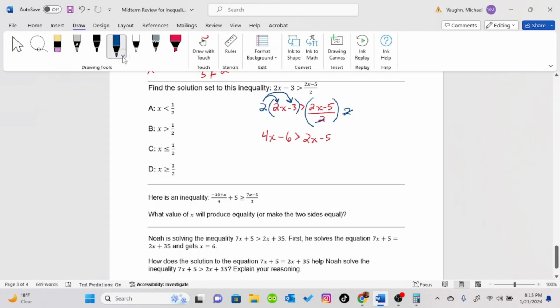Now, we're going to subtract the smallest x from both sides, which means we're going to add 6 to both sides.